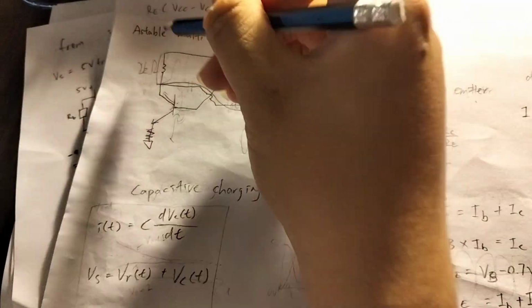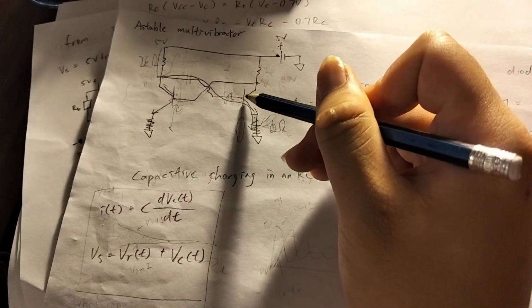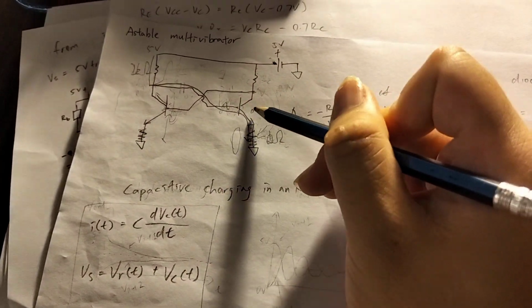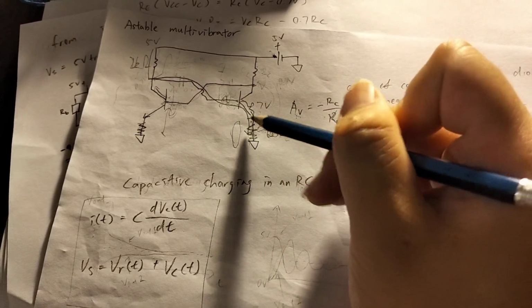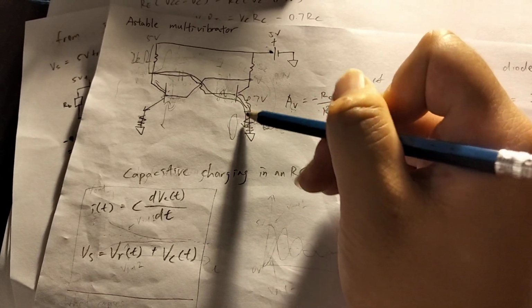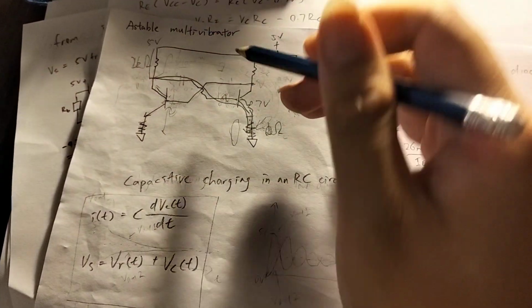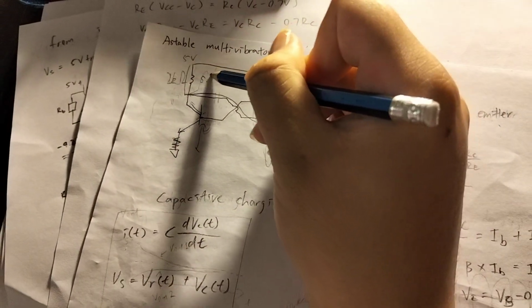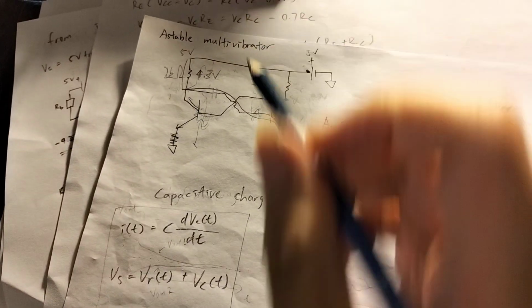What happens is when you put 5 volts through this, this is going to drop 0.7 volts, right? Let's say it's in saturation, because we want to see if it can actually exist in this state. Let's say it can. It's 0.7 volts. Oh, sorry, this is going to have 4.3 volts across it.